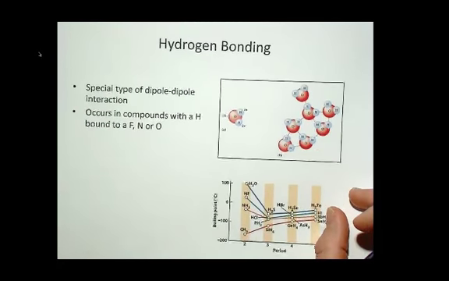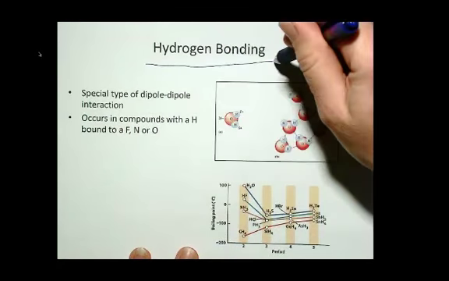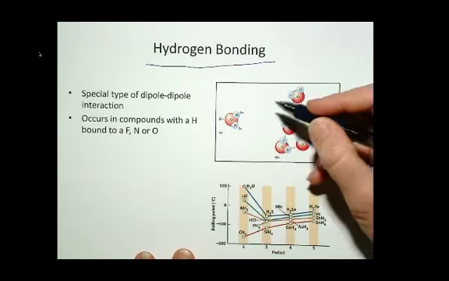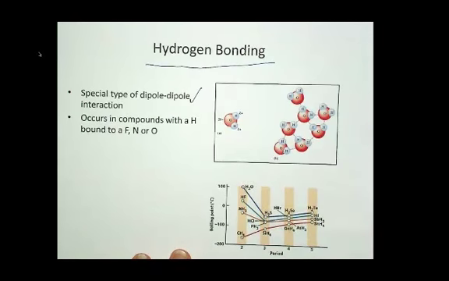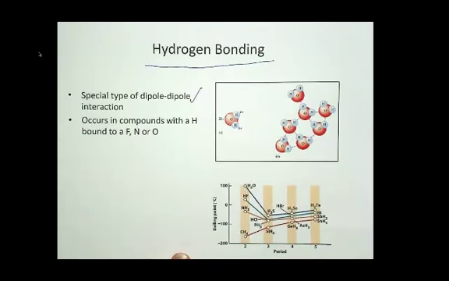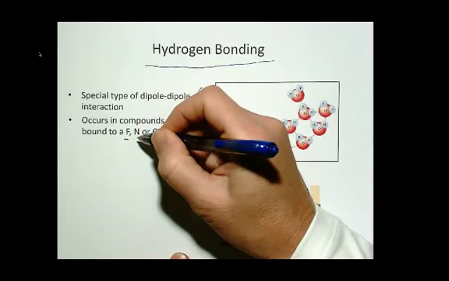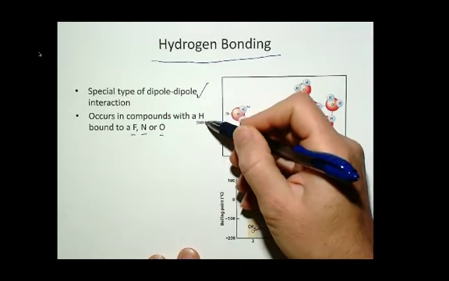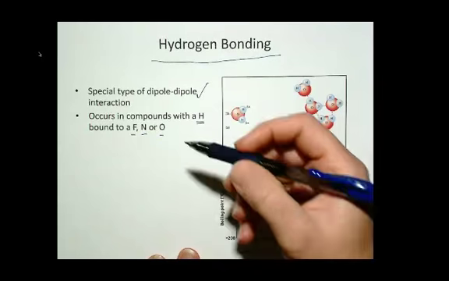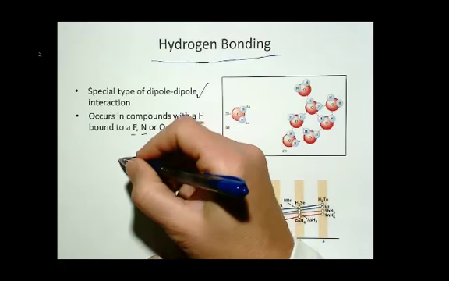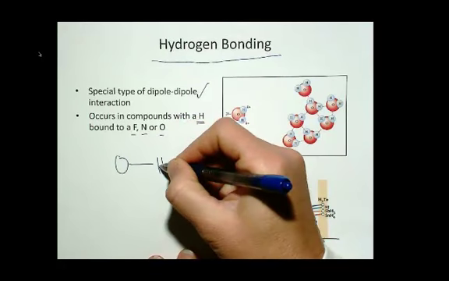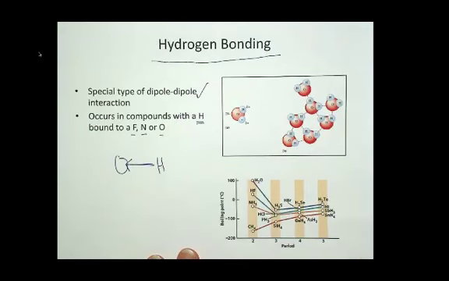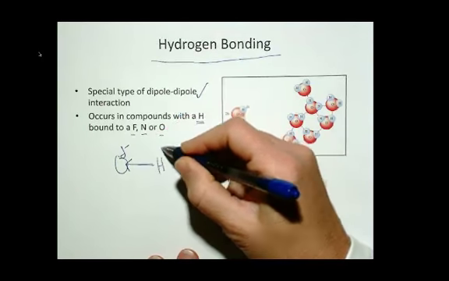Now the hydrogen bonding is a special type of dipole-dipole interaction. It occurs in compounds when you have extremely polar bonds, and that happens when you have a hydrogen bound to fluorine, nitrogen, or oxygen. And what happens there is, since the hydrogen only has one electron, that one electron is drawn very close to the oxygen, partial negative, partial positive.